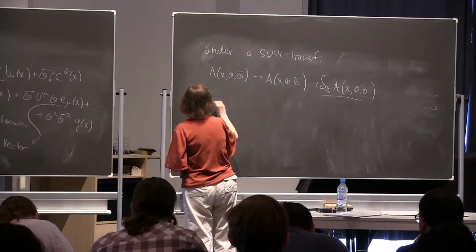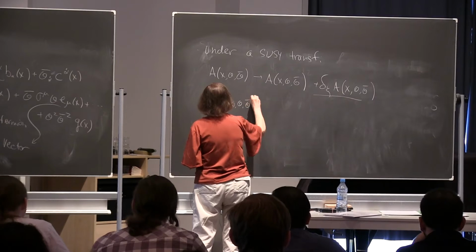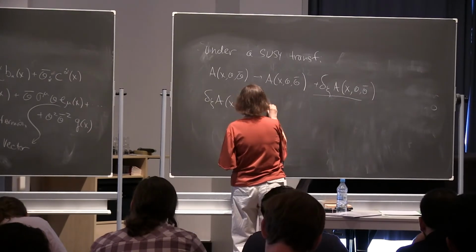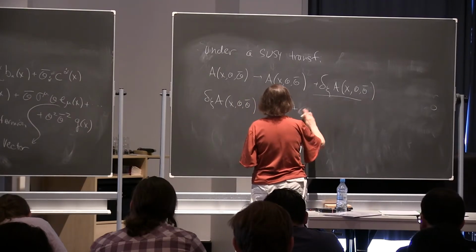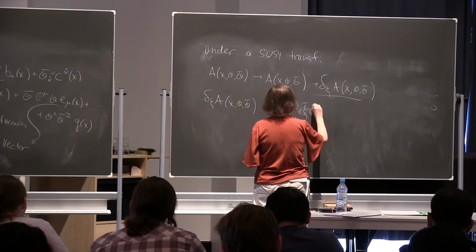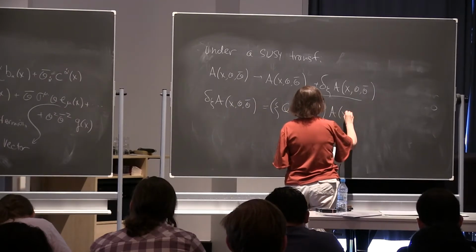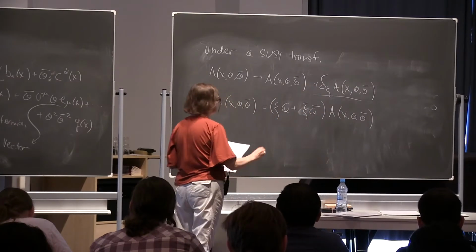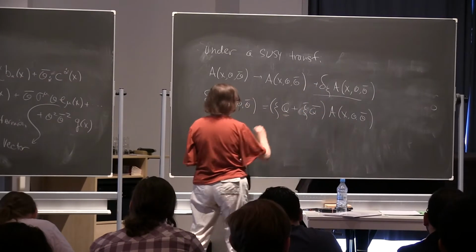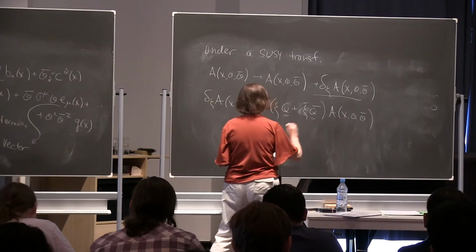Delta xi of A of x, theta, theta bar will be given by xi Q plus xi bar Q bar acting on A of x, theta, theta bar. And let me write down what Q is, and the same thing is going to hold for Q bar.